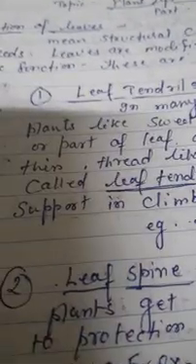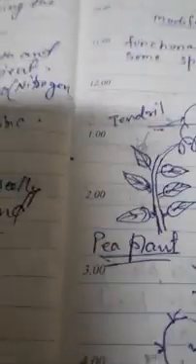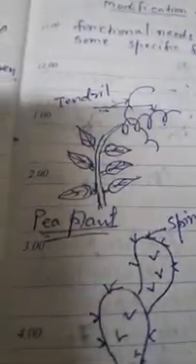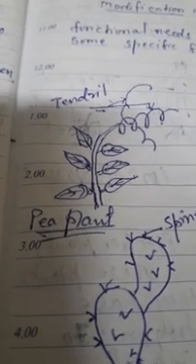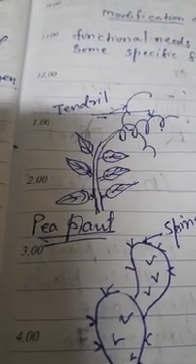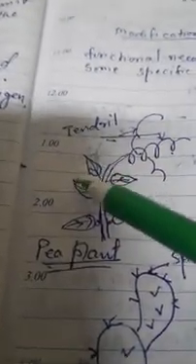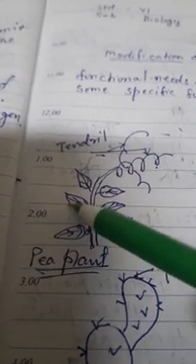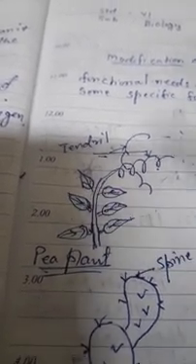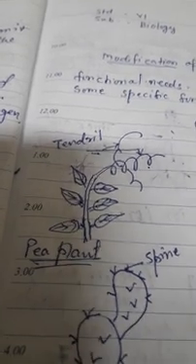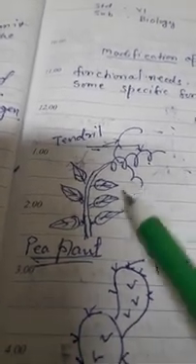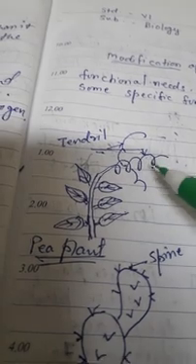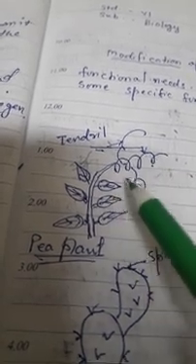First, leaf tendril. In many weak stemmed plants like sweet pea, the whole leaf or part of leaf modifies into a thin thread-like coiled structure called leaf tendril.